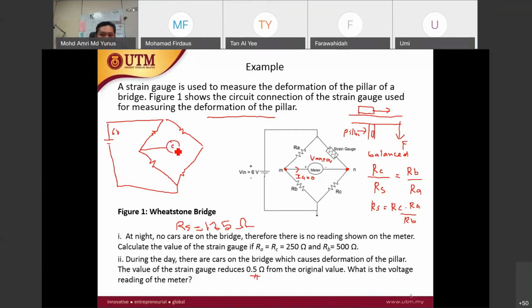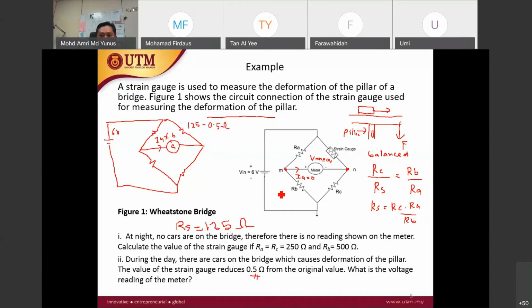This is, let's say, the meter. This is not equivalent to zero. When not balanced, RS has reduced by about 0.5 ohm. So now it is 125 minus 0.5.